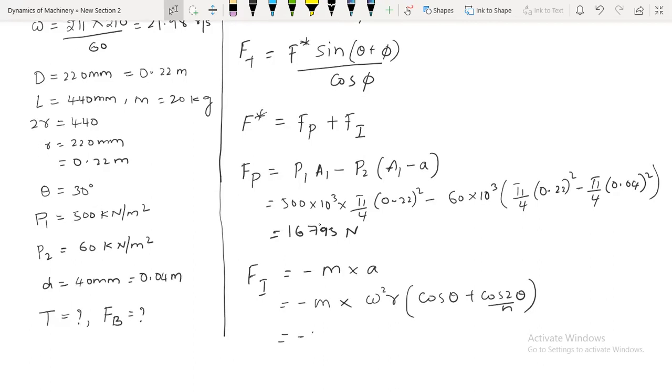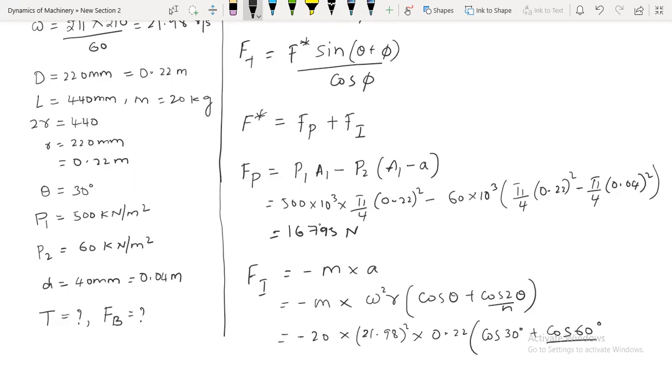So minus 20 into omega square is 21.98 square into r is 0.22 into cos theta. What is cos theta? Theta here is 30 degrees, plus cos 2 theta will be 60 degrees.